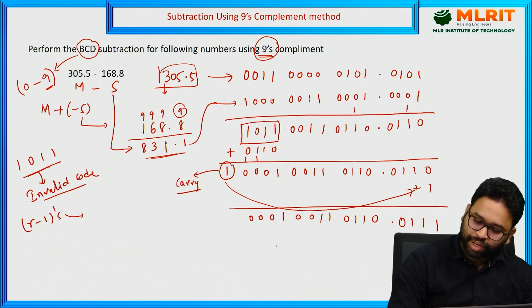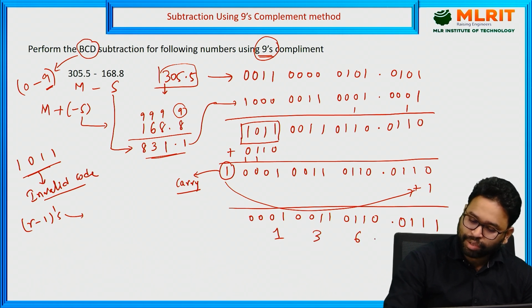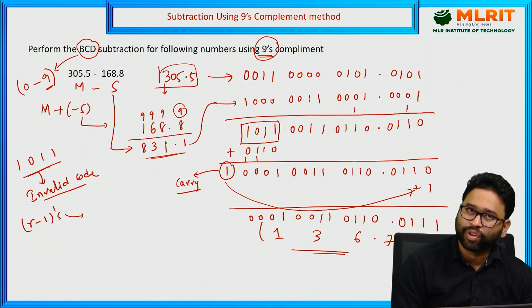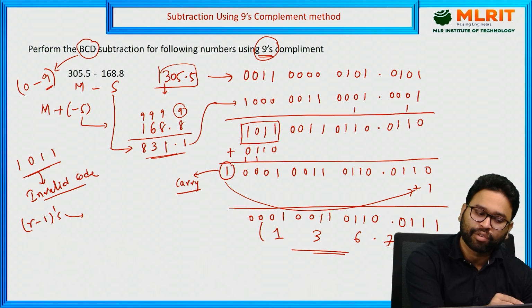And the resultant value will be 136.7. This is your resultant value when you're performing BCD subtraction using the 9's complement for 305.5 minus 168.7.